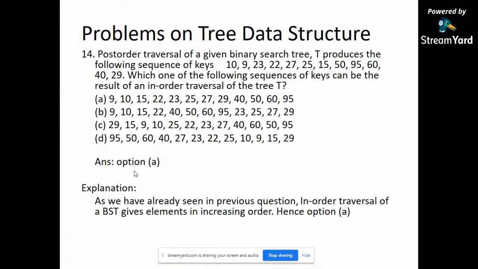So usually in order traversal, we get the data in sequence, in increasing order. So here in increasing order, we are getting the data in option A: 9, 10, 15, 22, 23, 25, 27, 29, 40, 50, 60, and 95. This is sorted and in order. So the correct option is option A.